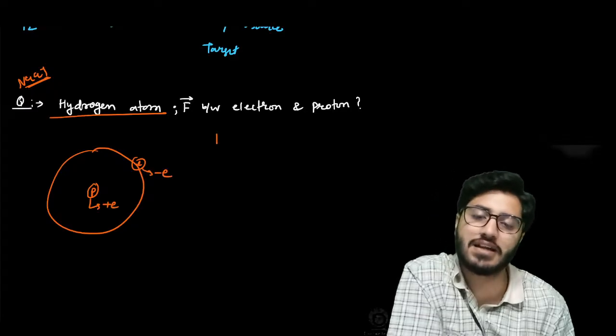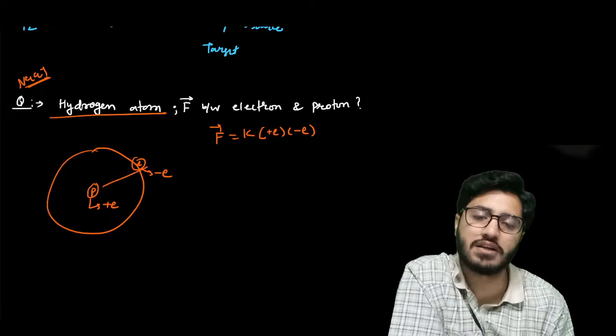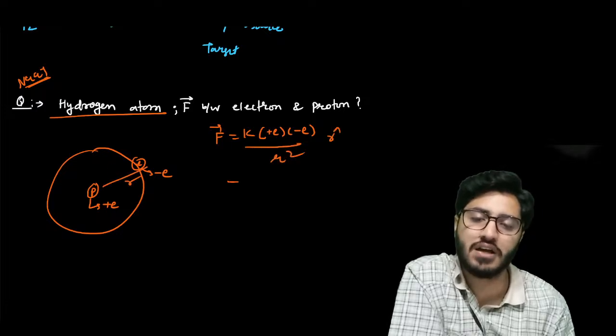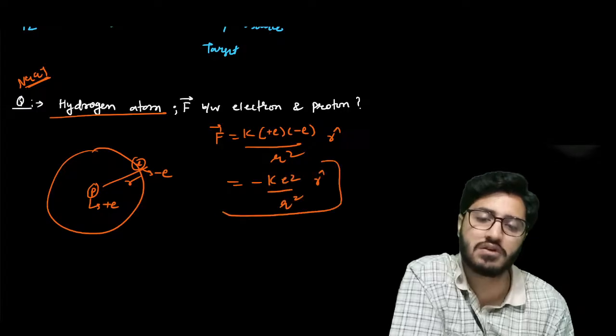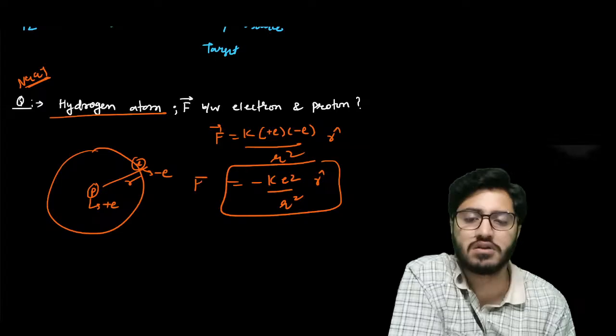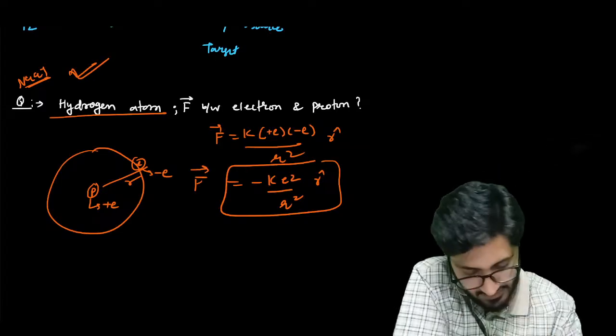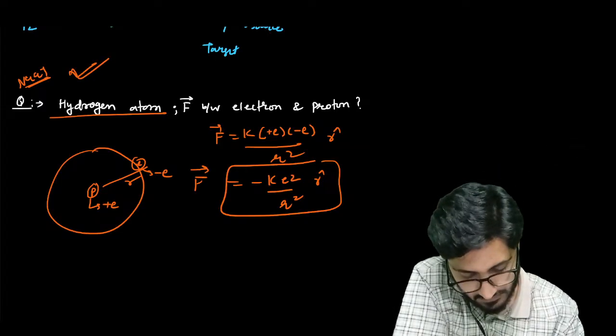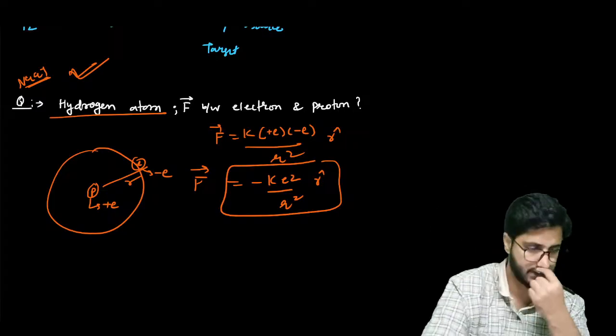So I can write F equals K Q1 Q2, where Q1 is plus e and Q2 is minus e. If the distance is R, I can write R square, then R cap. So it is minus K e square by R square, R cap. NEET PYQ, right? Easy? It's very easy, right? You can do it.